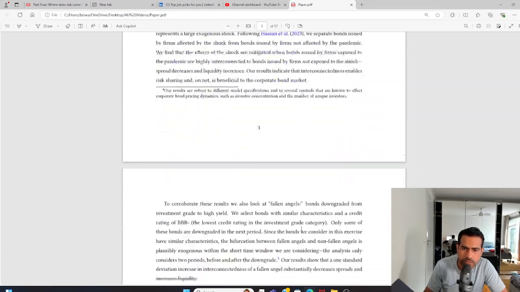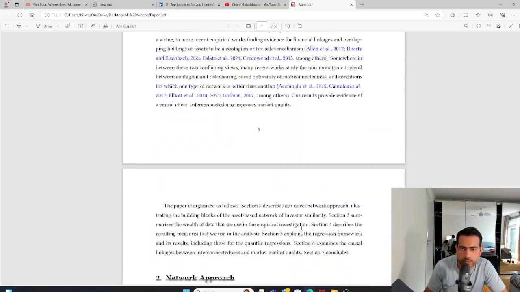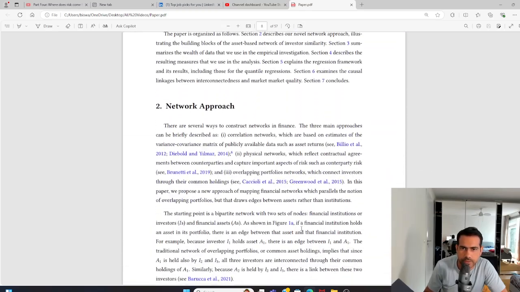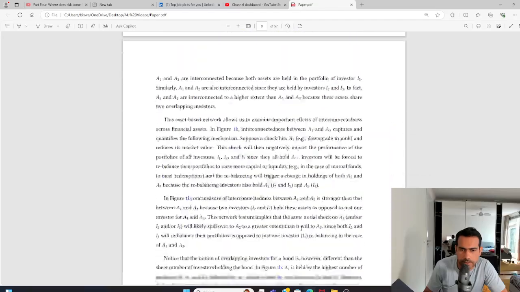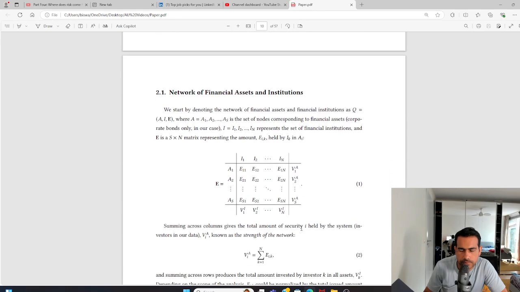As I was telling you, the introduction is always long, right? And it's never a few pages, it's always like 10 pages, 20 pages, and so on. I think it's important to go through the methodology. In the academic world, they use very sophisticated methodology to do research, unlike in the industry, where simplicity matters.